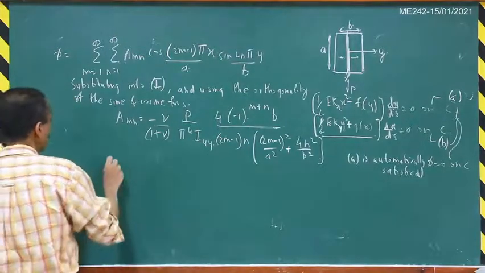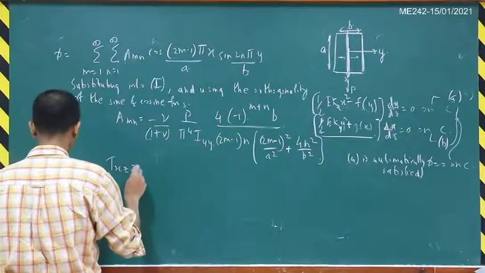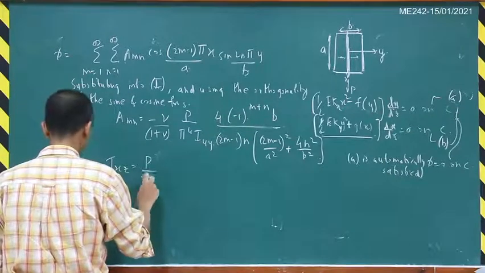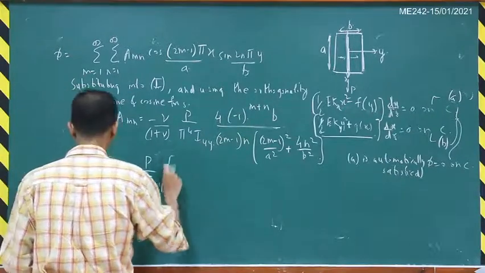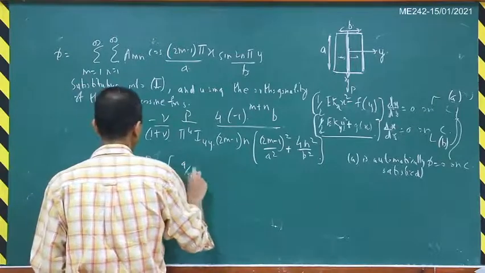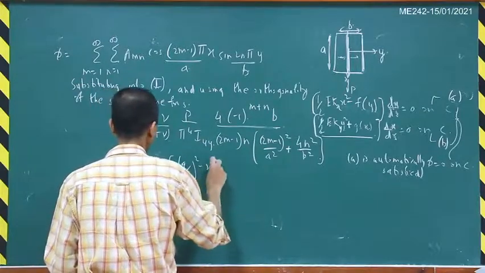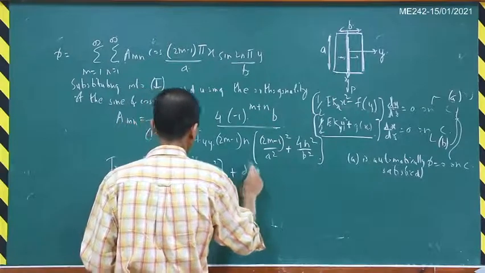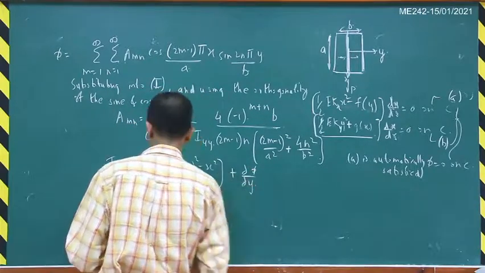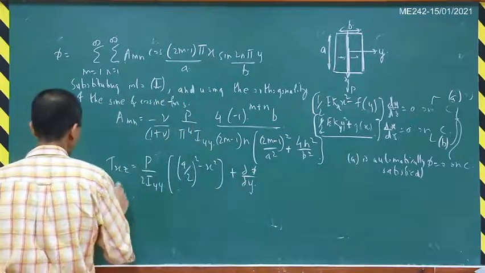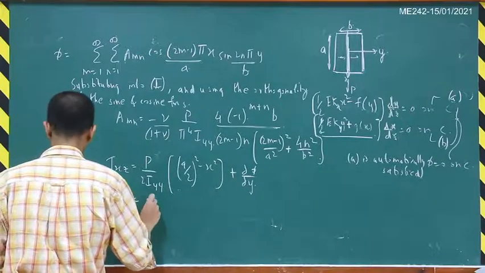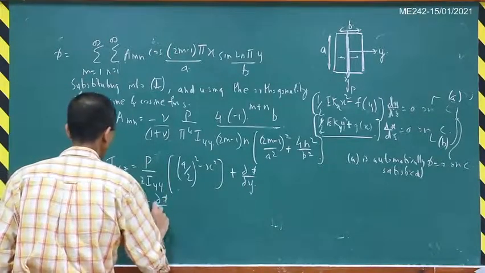Tau xz in this case is equal to p divided by 2Iy times (a by 2) square minus x square, plus del phi by del y, and tau yz is equal to minus del phi by del x.